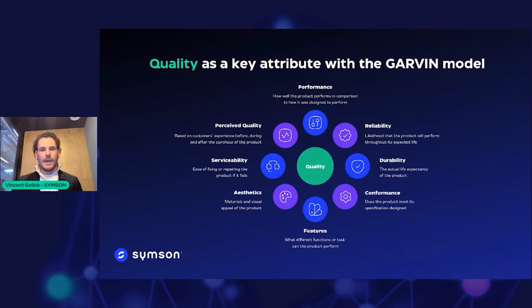Just to elaborate a little bit on it, we can measure performance of a product, but also reliability, durability, conformance, and the features that we have on a product. The next one is about the visual attractiveness of a product. So how does it look, and do I really like the product in its appearance? The other one is the serviceability. And the last one is, of course, the perceived quality from the client's perspective, or the buyer's perspective, towards the product.